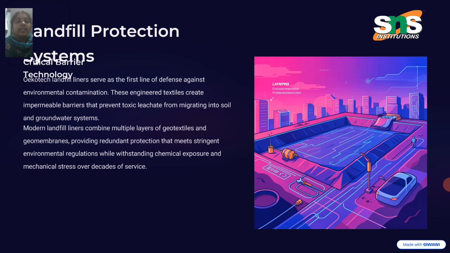Modern landfill liners combine multiple layers of geotextiles and geomembranes, providing the redundant protection that meets stringent environmental regulations while withstanding chemical exposure and mechanical stress over decades of service. So, mainly this contains the toxic substances and maintains the proper landfill and proper land without contamination.